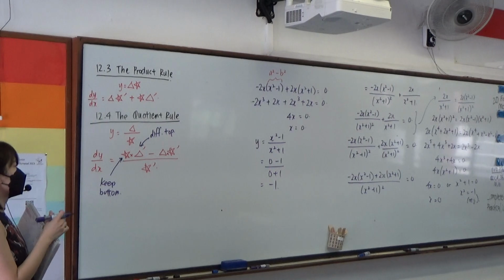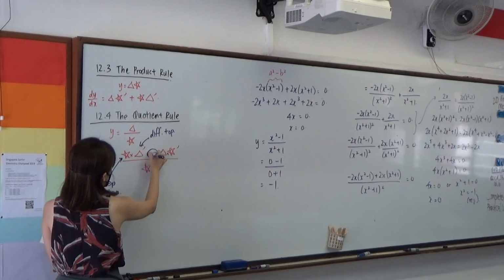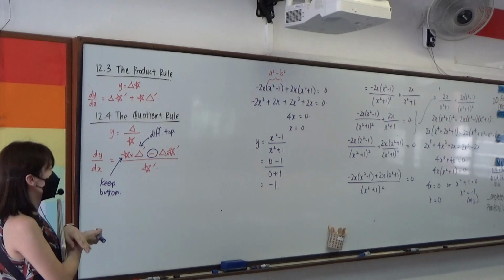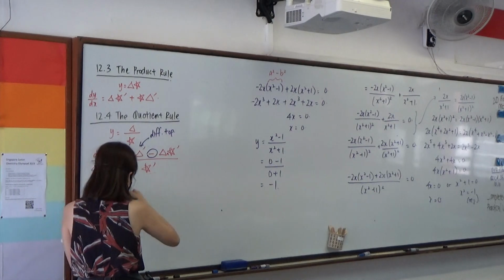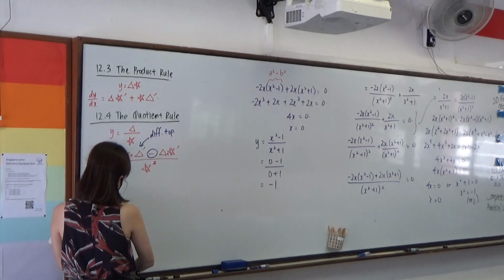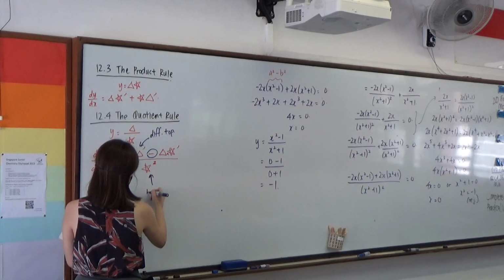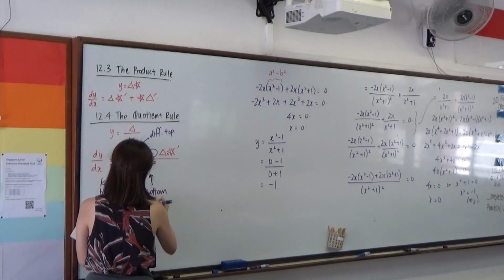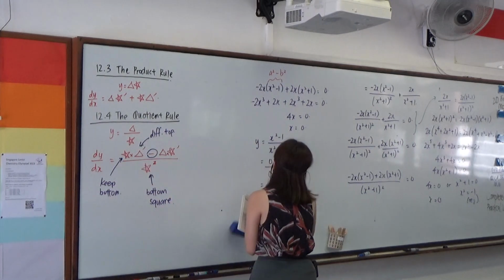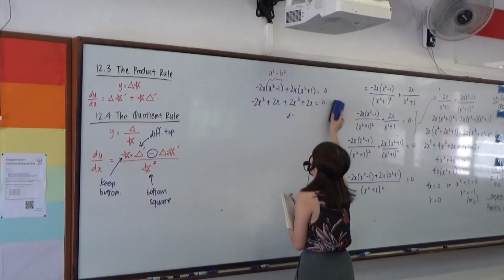Then we minus away the reverse: keep the top, differentiate the bottom. Then the bottom must square. Sorry, not differentiate, square. If you're talented enough, you can go and create a song out of this. I don't have that talent.